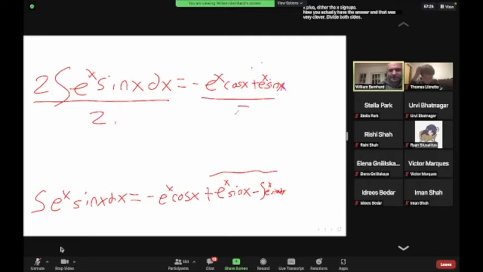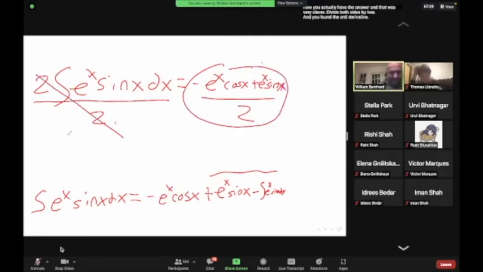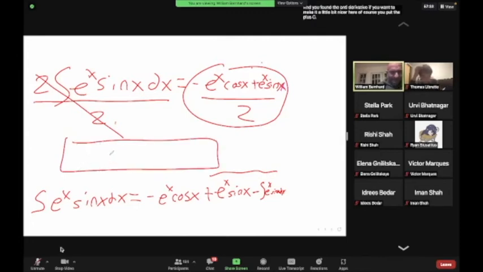Divide both sides by 2, and you found the antiderivative. If you want to make it a little bit nicer here, of course, you put the plus c. I'll leave that for you. The whole idea now was to just see that you get it again and rejoice in the fact that you can use the algebra to literally solve for the answer.